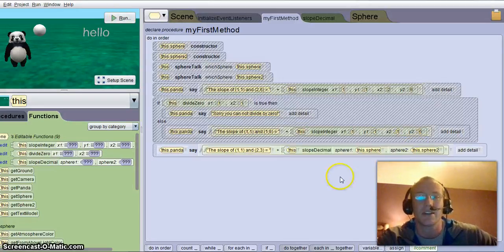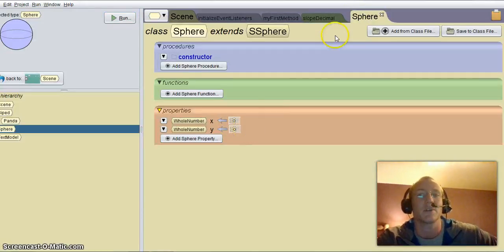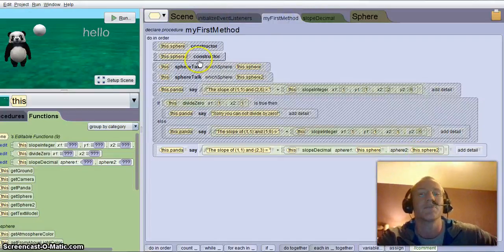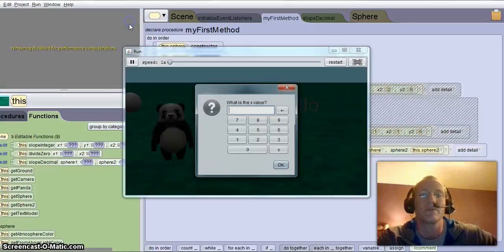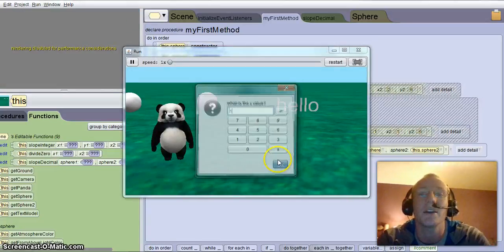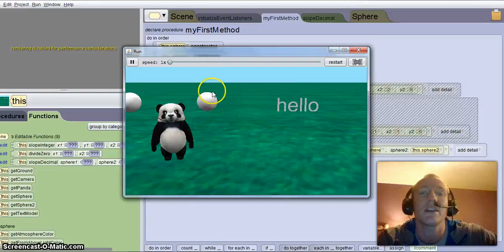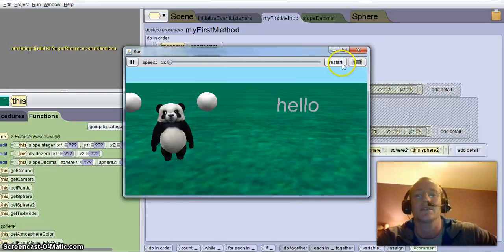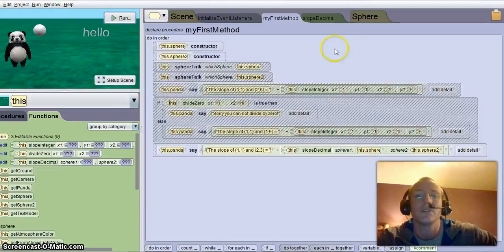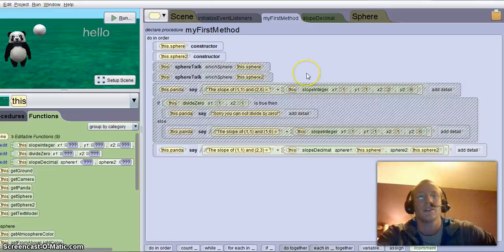Now if I call this right now, sphere x and y is 0 because you set them to 0 here, and we never called the constructor. Same thing with sphere 2. So we have to enable the constructors so that when we hit run, we say 1, 1, 2, 3, and it says 2.0. And of course, that should be 2.0.